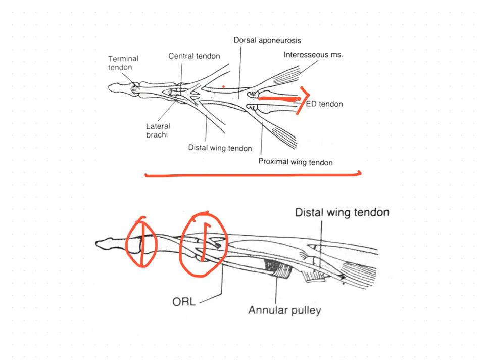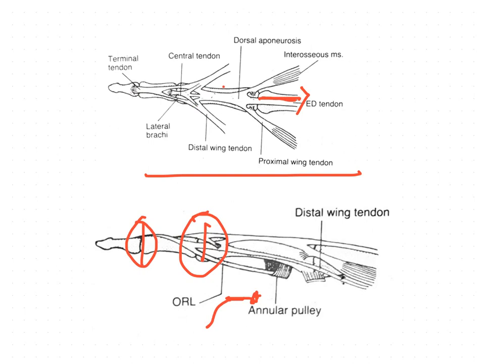This is one coupled action. The second one is that active or passive flexion of the distal interphalangeal joint will normally initiate flexion at the proximal interphalangeal joint.